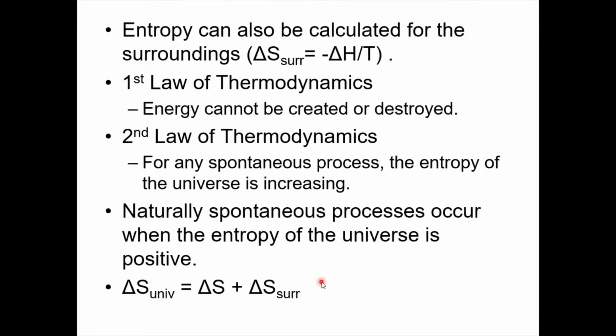And the way we do that is, if I go back over here, you'll recall that the delta S of the surroundings is just minus delta H over T. So if I were to substitute the negative delta H over T here, and then multiply both sides of the equation by T, then the T would cancel here, leaving you with negative delta H here. We'd have T times delta S here.